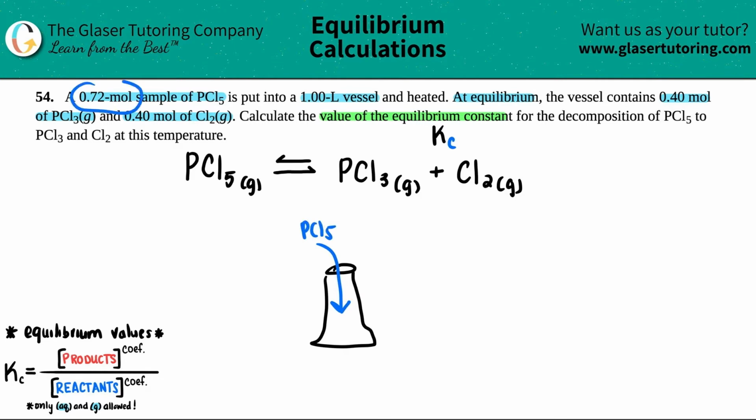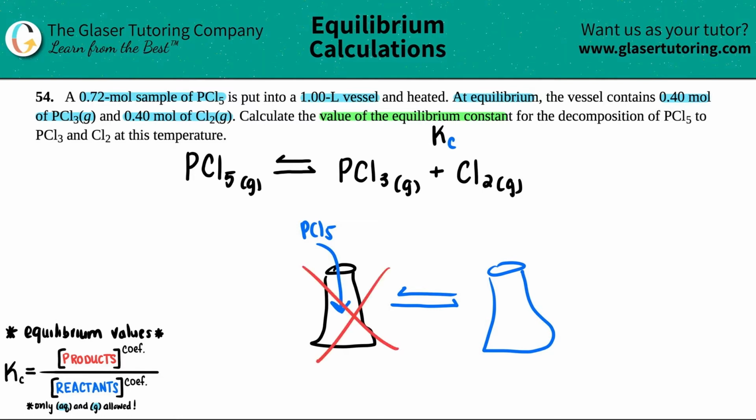How much? They put 0.72 moles. Then they're saying at equilibrium, now we have the same vessel, but now we have PCl3 and Cl2. So was the beginning describing equilibrium? No, it was not. It's describing what happened initially.